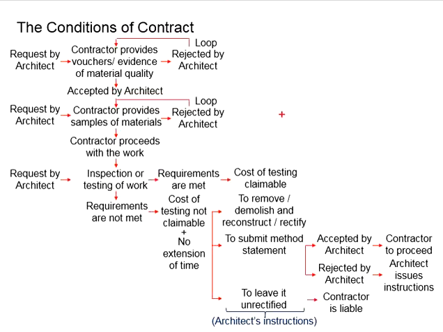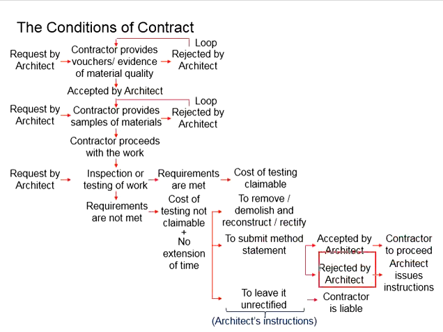The second option is when the architect allow certain degree of flexibility from the contractor. The contractors are requested to submit method statements for the rectification job. The architect will review whether to accept or to reject the method statement. If it is accepted, then the contractor can proceed with the work in accordance to the method statement.